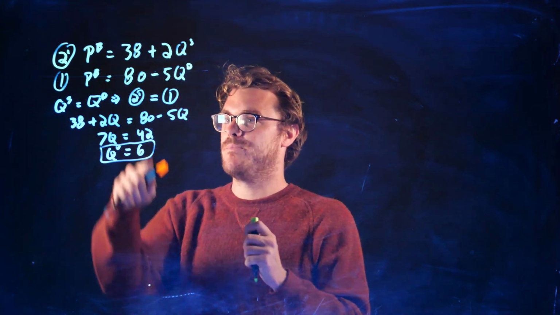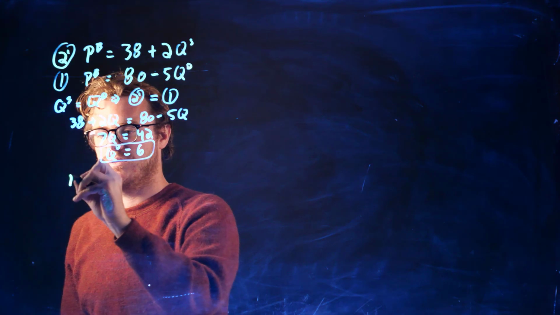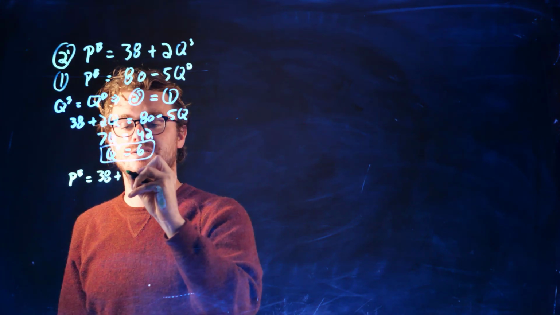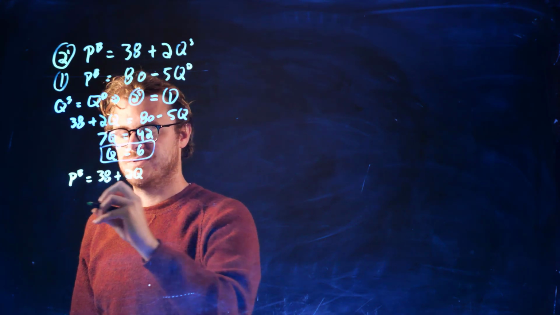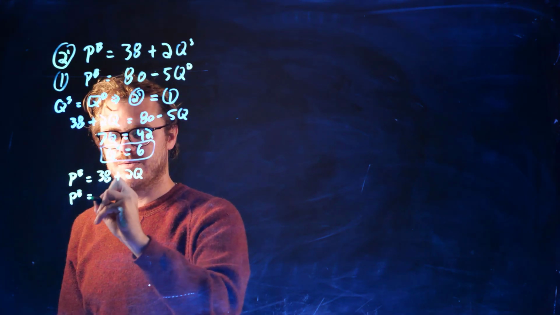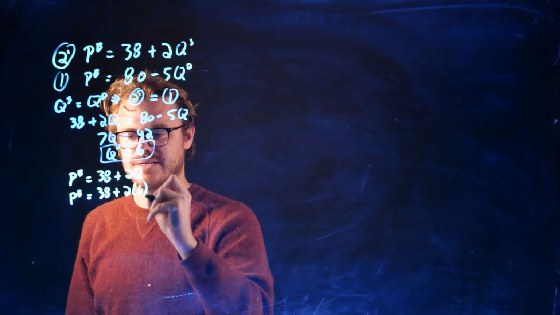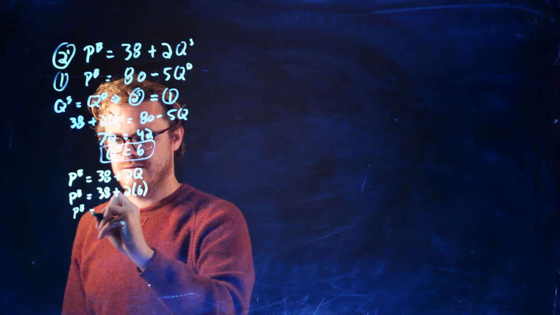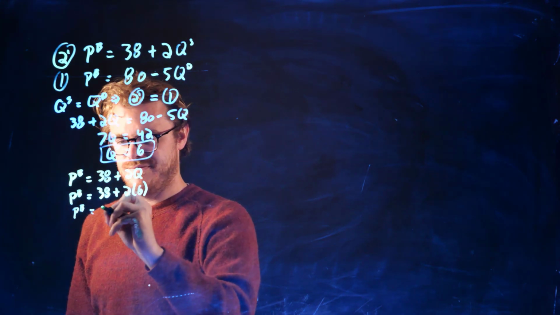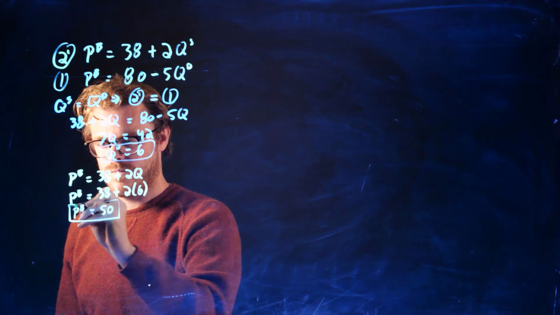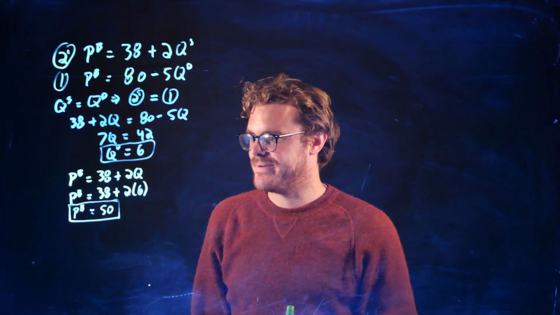We know the quantity. We can figure out now PB. 38 plus 2 times Q. So PB equals 38 plus 2 times 6. 12 is 50. So this is the price the buyers pay.